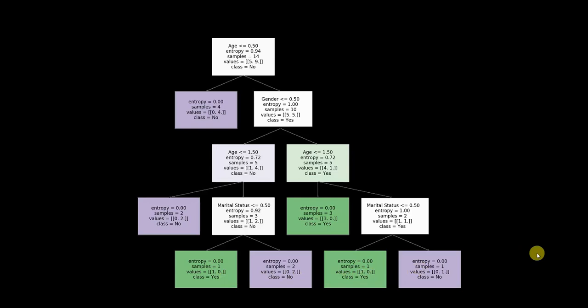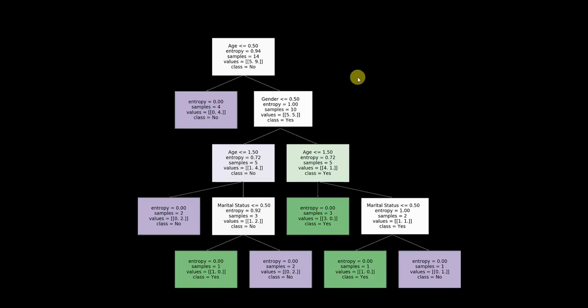So what is a decision tree? First of all, a decision tree is a classifier. We can use it for classification, and a decision tree can also be used for regression as well. But as far as our assignment is concerned, we will be using that algorithm for classification only.